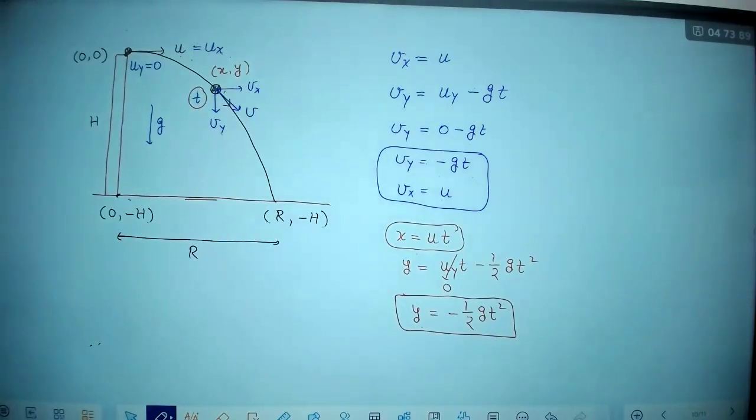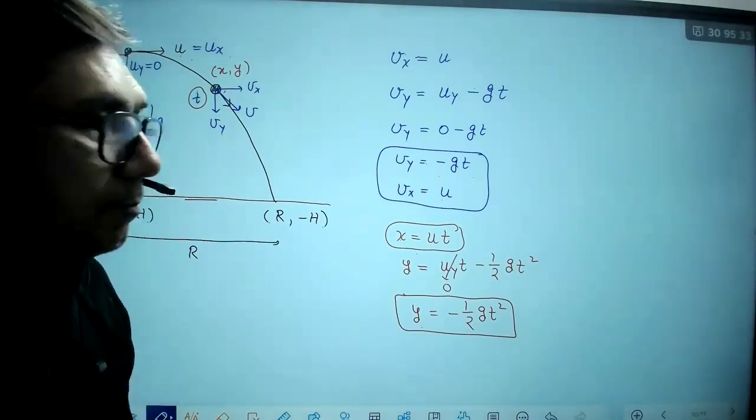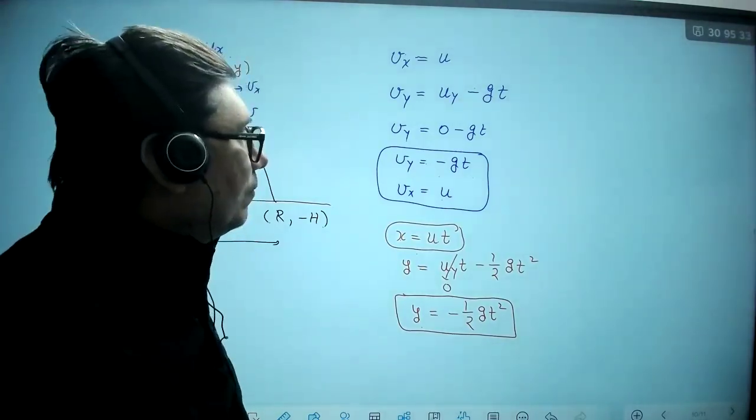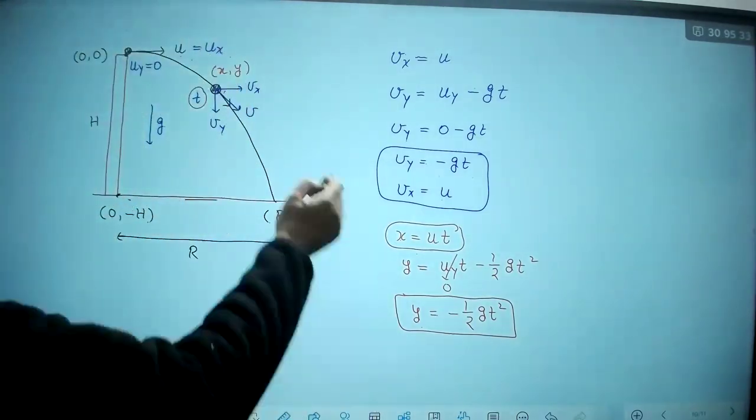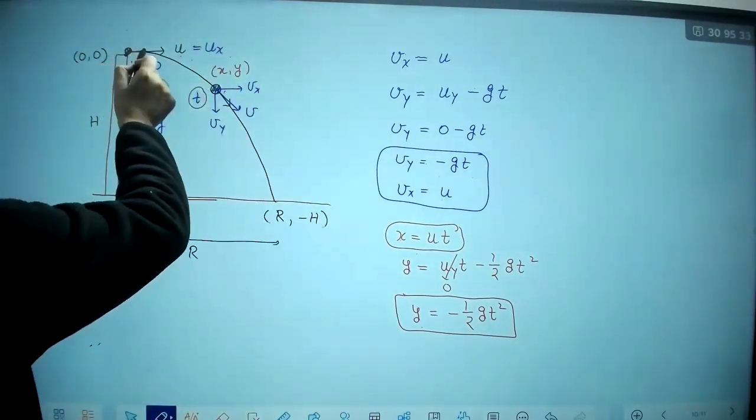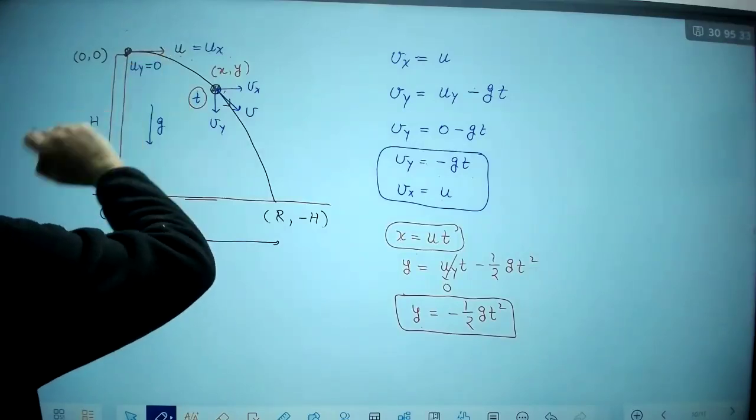Yes, beta, please. I can't understand why ux equals u. Why is this ux equal to u? Because you are launching the particle in the horizontal direction.